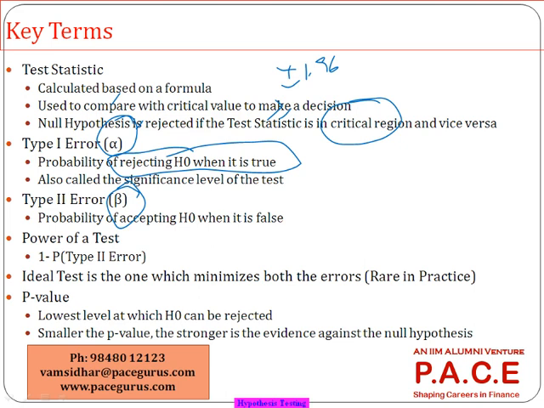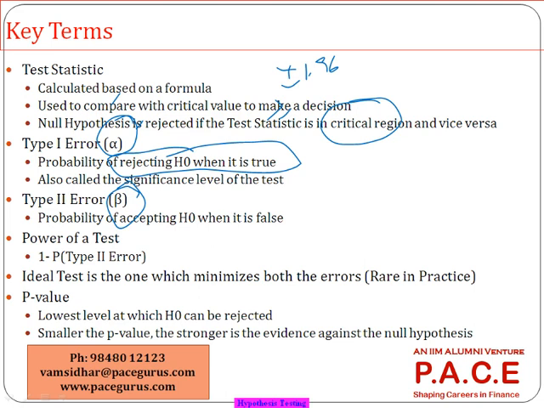So when we say the power of a test, it is nothing but 1 minus the probability of a type 2 error. Logically speaking, both type 1 and type 2 errors have to be reduced drastically if our conclusion regarding a population parameter from the sample needs to be very effective, but in reality it's very difficult to minimize both the errors.